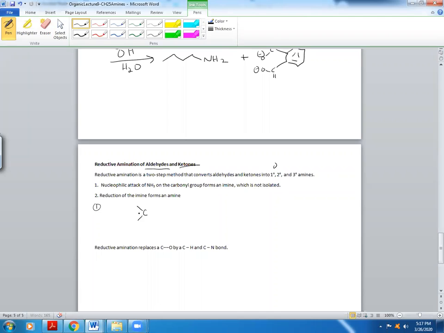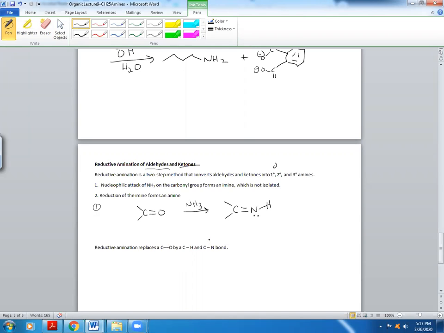Let's say this is an aldehyde or a ketone. It's drawn this way to help you see it. So remember, if we have ammonia, we make an imine, not an enamine. That's a different story. If you recall that.